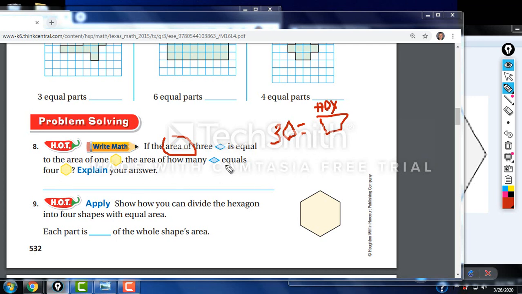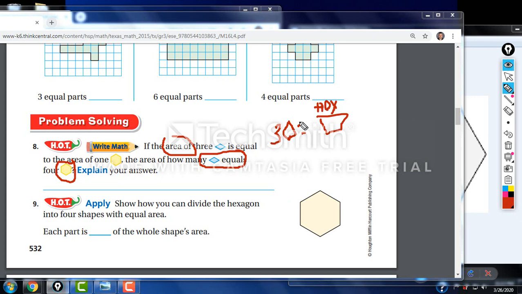The area of how many rhombus equals 4 hexagons? Well, what's the area of 4 hexagons? Okay, how many rhombuses do I need to equal the area of 4 hexagons?